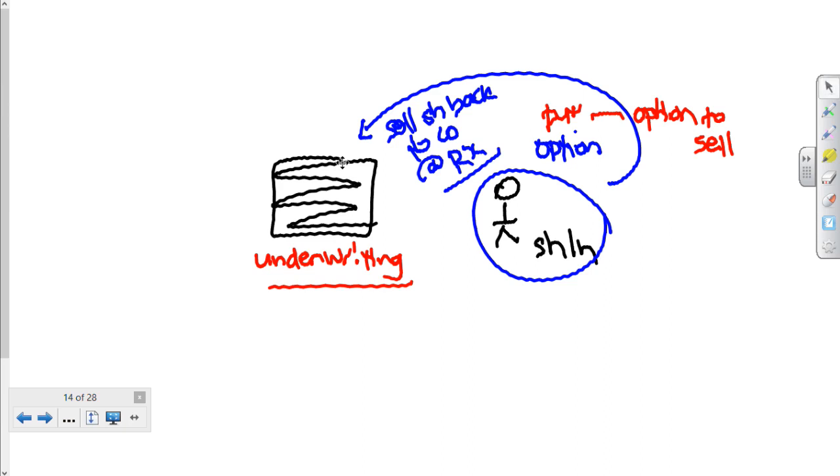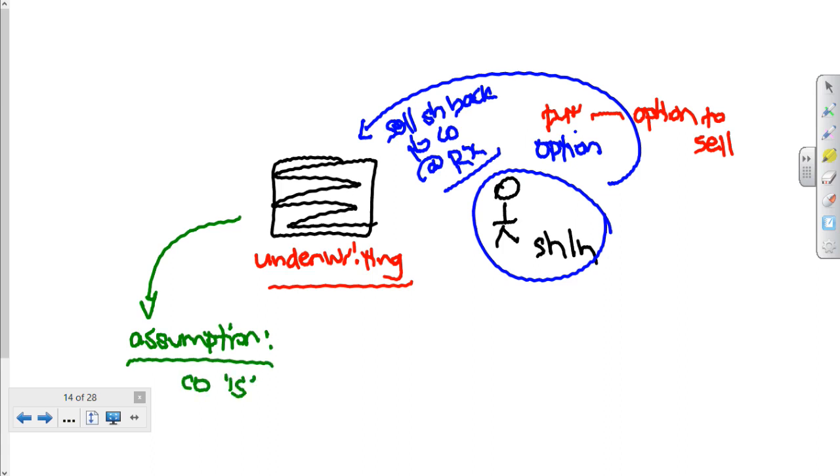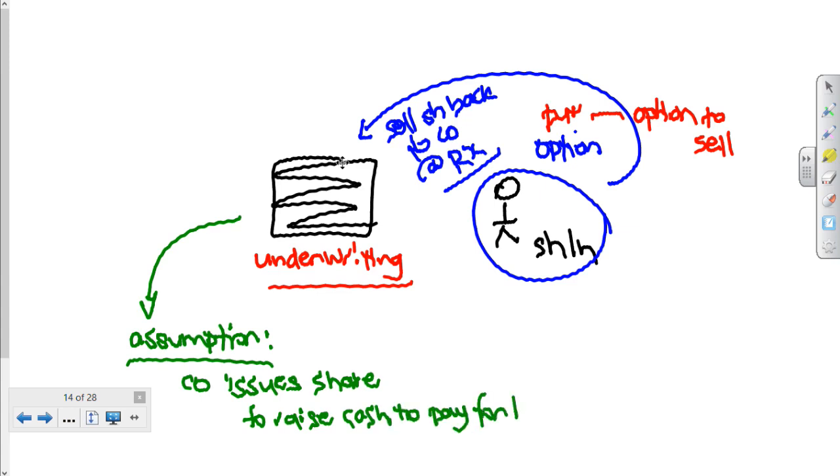The assumption we make with these written put options is that the company will have to issue shares to raise cash to pay for the exercising of the option.